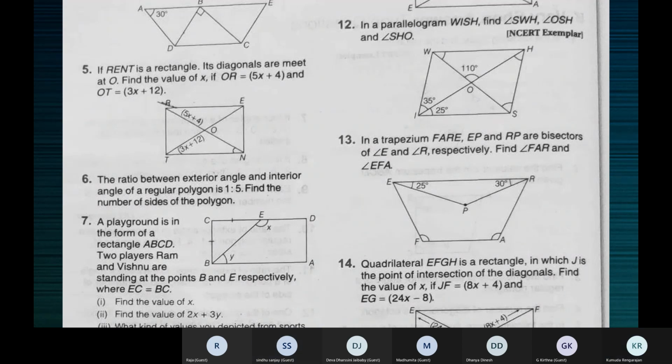Completed, ma'am. What's the value of x? Ma'am, x is equal to 4. X is 4. Yes, ma'am.